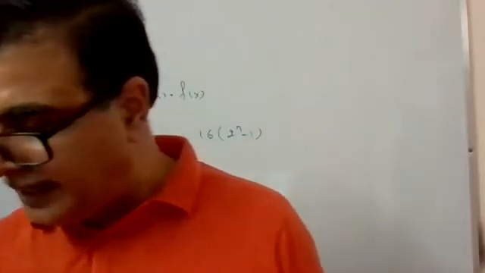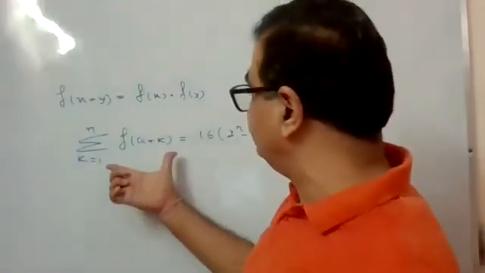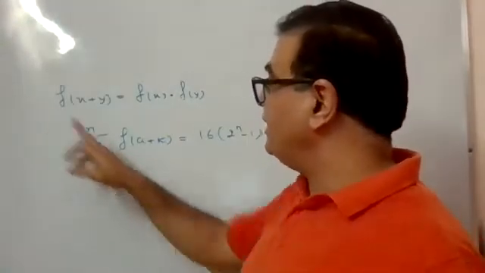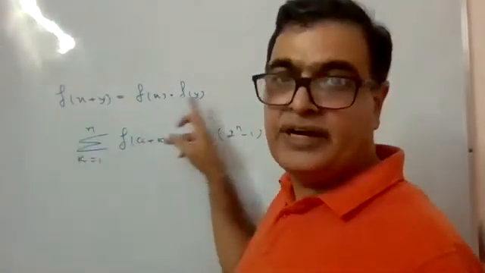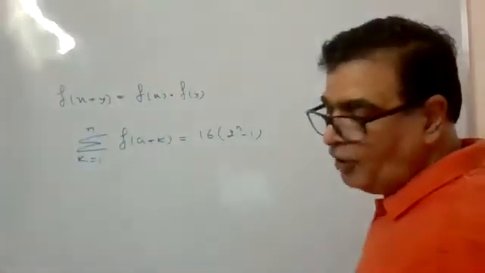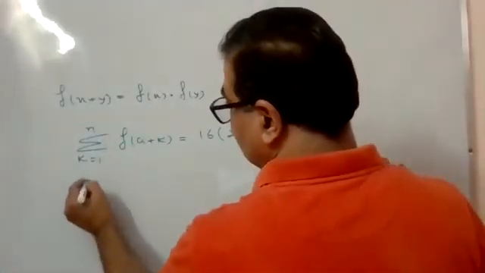Find the natural number a for which this summation is 16 times 2 power n minus 1, where f of x plus y satisfies f x into f y, and further f of 1 is given as 2.